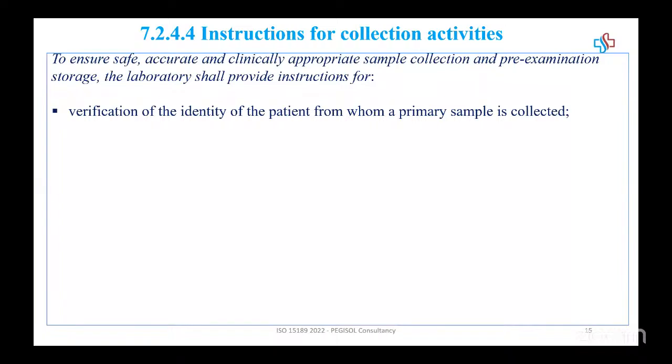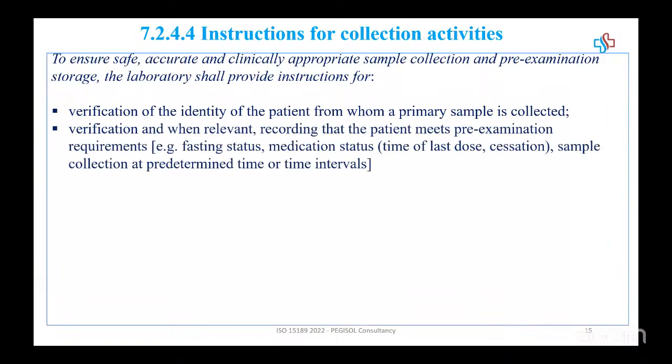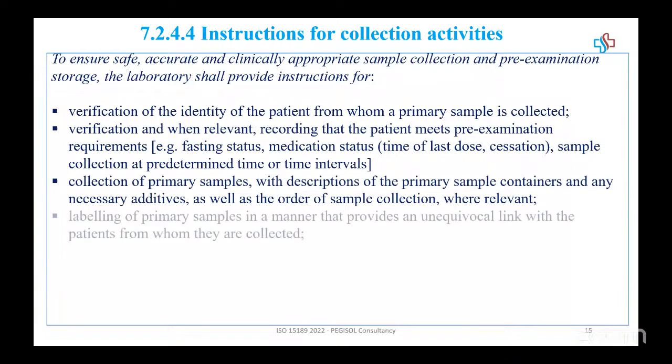Okay. Now, instructions for collection of samples. This is to ensure that accurate samples are collected and stored. The laboratory should have instructions on how to identify a patient for whom a primary sample is collected, how to verify the relevant requirements, and to record the patient information that meets the pre-examination requirements.